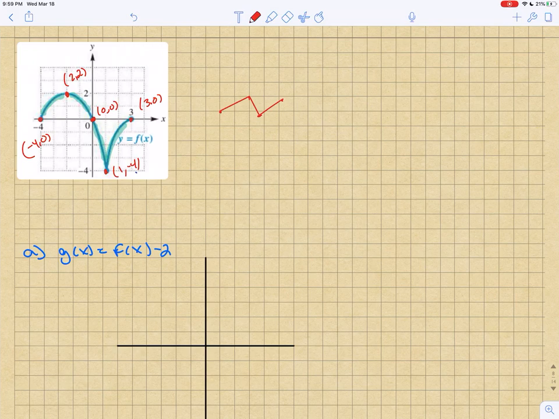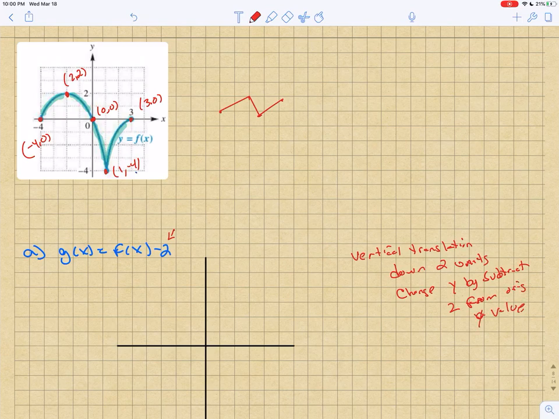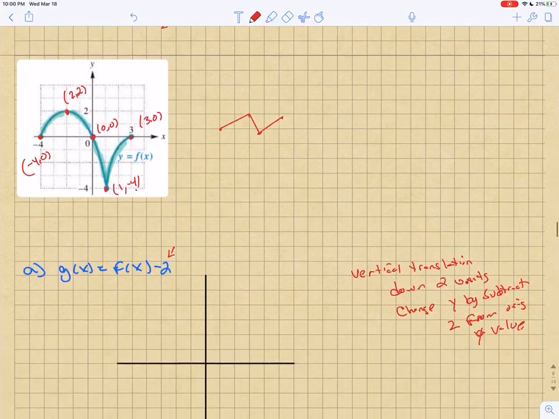Move the hard points. So, let's look at this function here. This is a vertical translation down 2 units, which means change y by subtracting 2 from the original y. So let's look at our points.